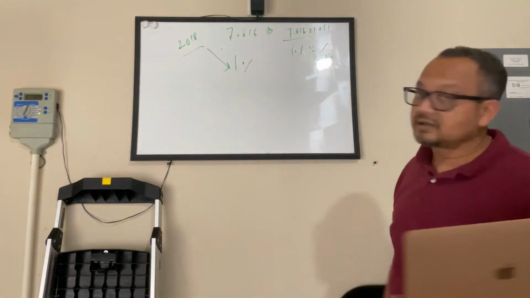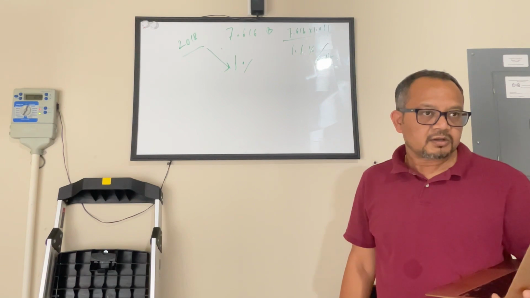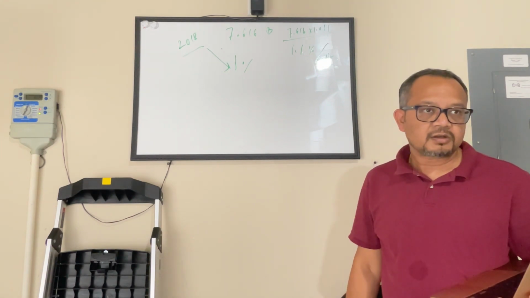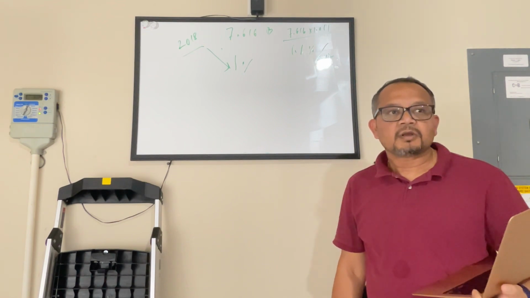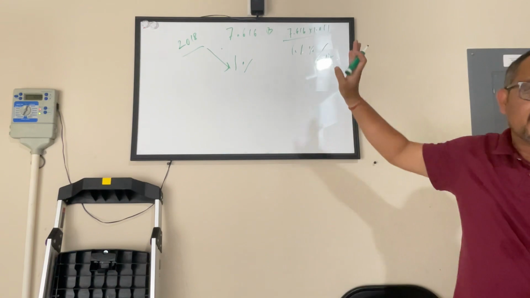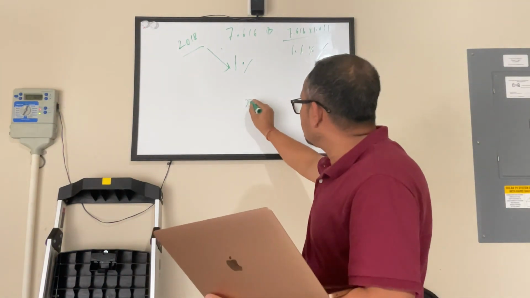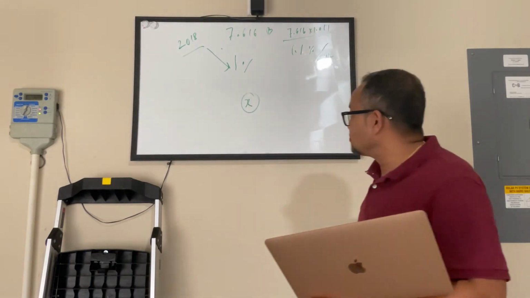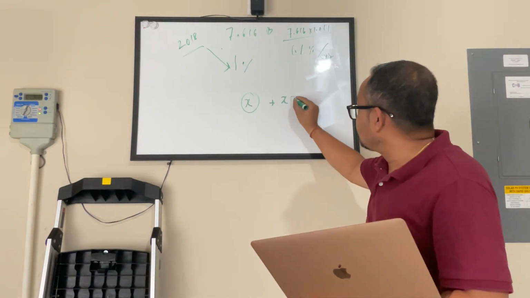Yeah, it's 1.1, but if you're calculating by rate, it's the initial amount multiplied by 1 plus the rate as a decimal. That's what it is actually. So let's say this is my population today, and it's increasing at 1.1%.